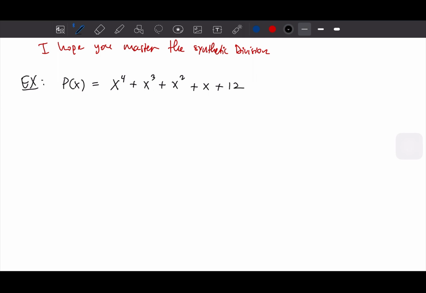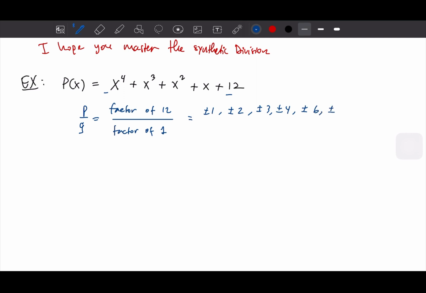Now we could try from the possible ratio, so factors of 12 divided by factors of 1. So this is P over Q, if you remember. So this will be plus minus 1, plus minus 2, plus minus 3, plus minus 4, plus minus 6, and plus minus 12.